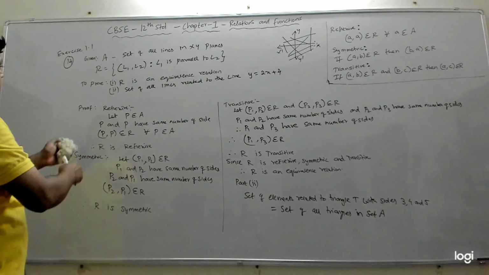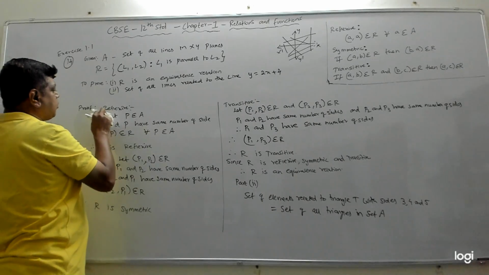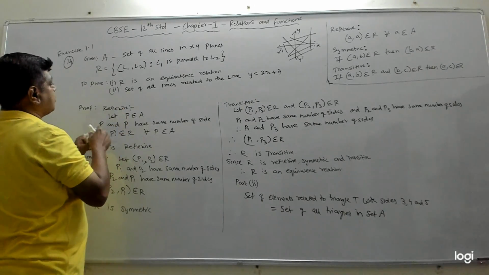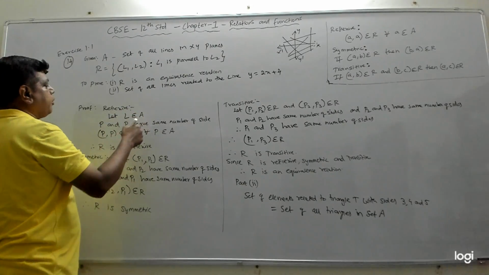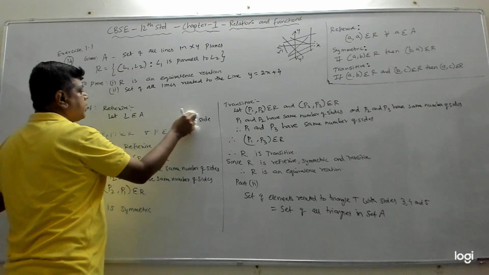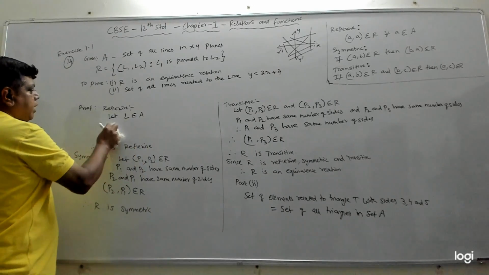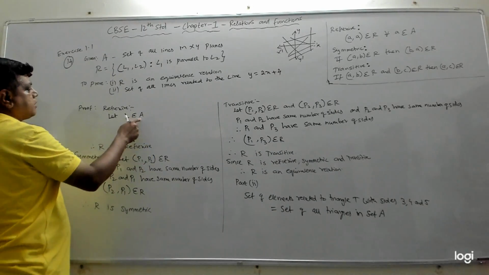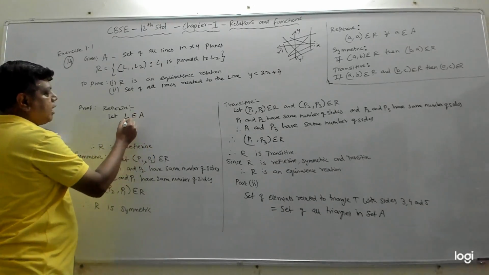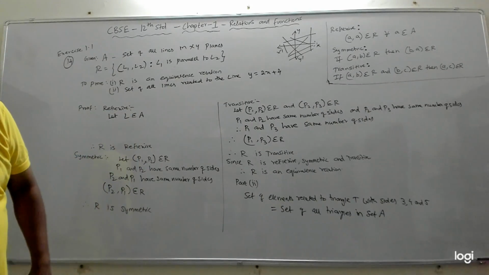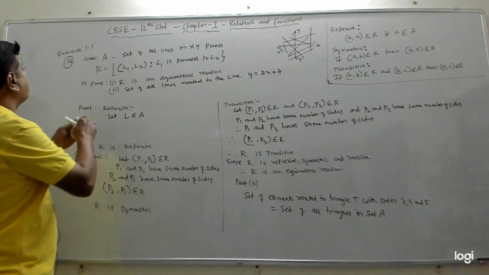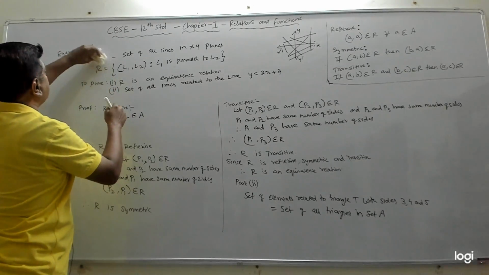We will do the first part, the reflexive part. We'll take a line L belonging to A. We're taking an element from A, and that element will be a line. Oh sorry, here it is not A, it is L, the set of all lines.